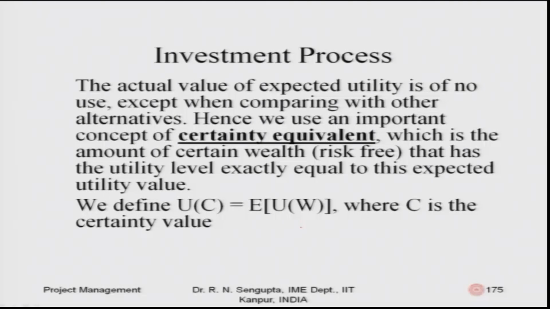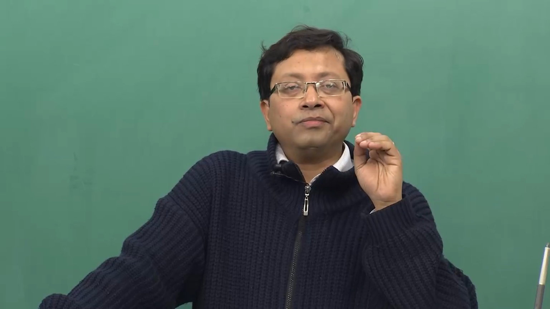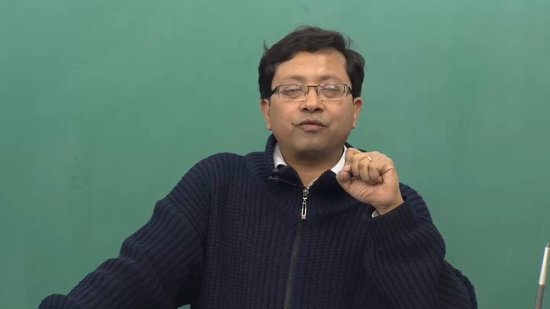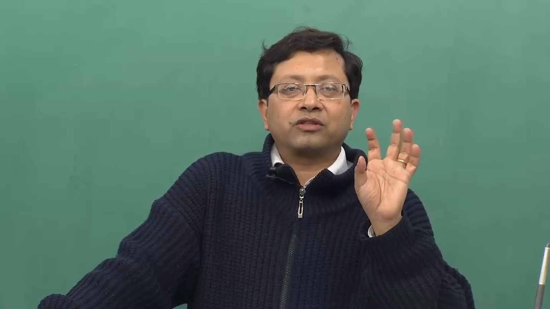I now consider the concept of certainty equivalent. Certainty equivalent has some notion which we have already discussed. It is basically the concept used from the point of view of investment, from the point of view of finance, which is exactly equal to the mathematical concept of finding the expected value.